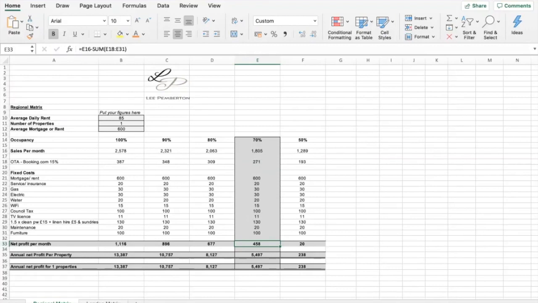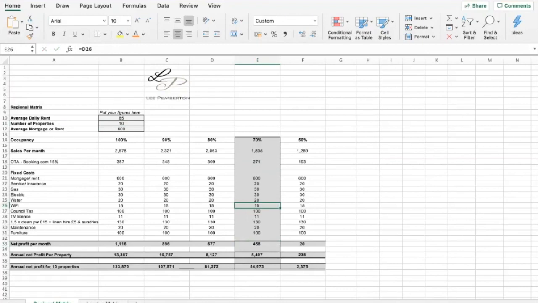But if you can do that, and let's say you take this up to 10 properties, you can see you're bringing in a really nice income: £5,500 per year across each, or just under £55,000 per annum on those 10 properties.